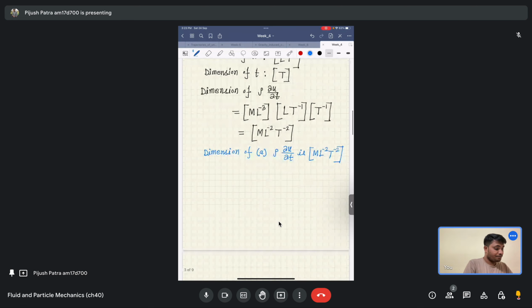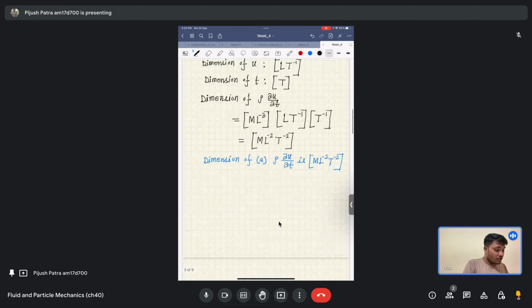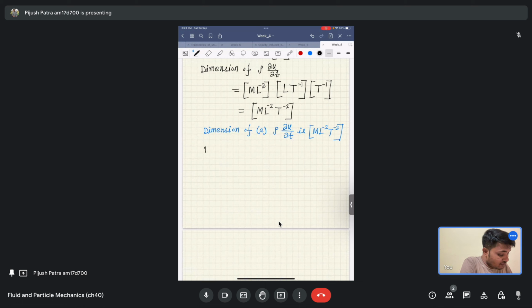Fine. The second quantity is dou p dou z. What is the dimension of P? Pressure P. So it is Newton per meter square. What is Newton?